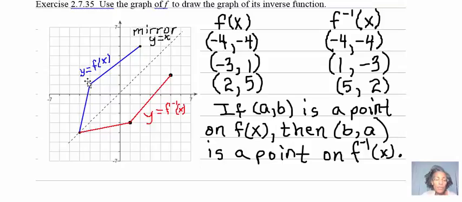Notice how the mirror image of -3, 1 is 1, -3, if the line y = x is our mirror. The mirror image of 2, 5 is 5, 2. So we get this inverse function, which is the mirror image of the function, if the line y = x is our mirror.